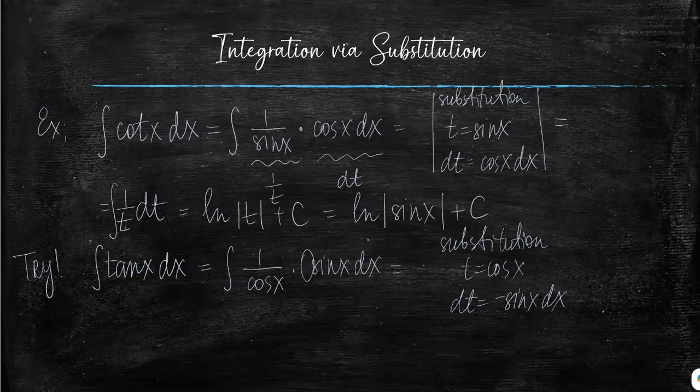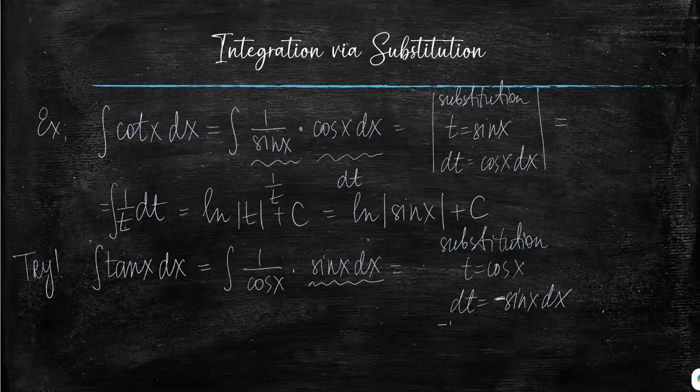Well, there are two ways. Either you move that negative algebraically and then you put another negative here. That's one way. And you're going to then end up with the integral of negative 1/t dt. Or you can acknowledge that you don't have negative sine x dx, you have sine of x dx, and you can move the negative here.